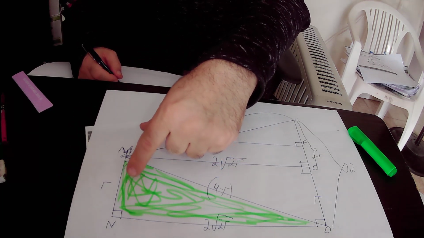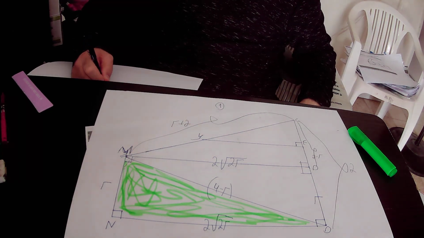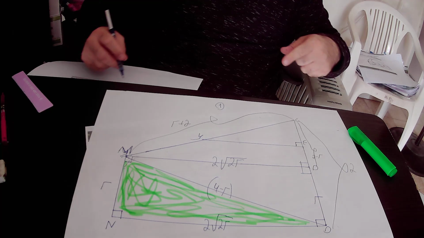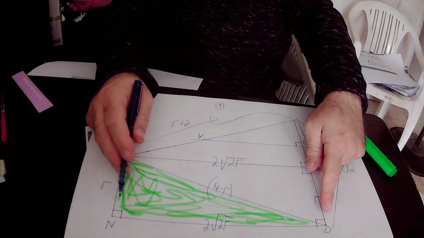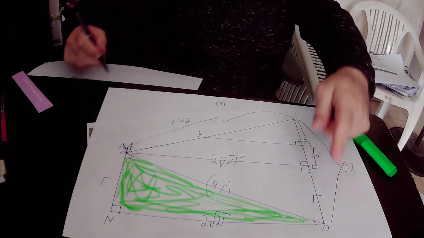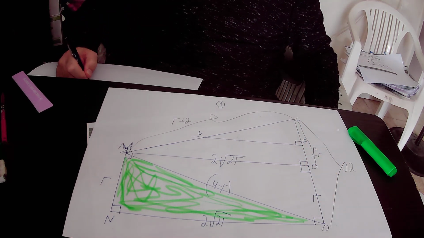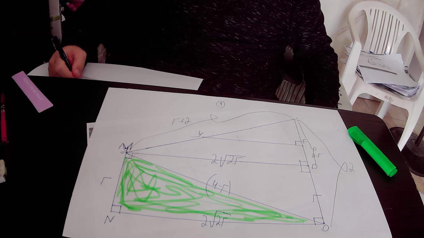MN equals r, so MN square will be equal to r square. NO equals 2 times square root of 2r, so NO square will be equal to (2 times square root of 2r) square.